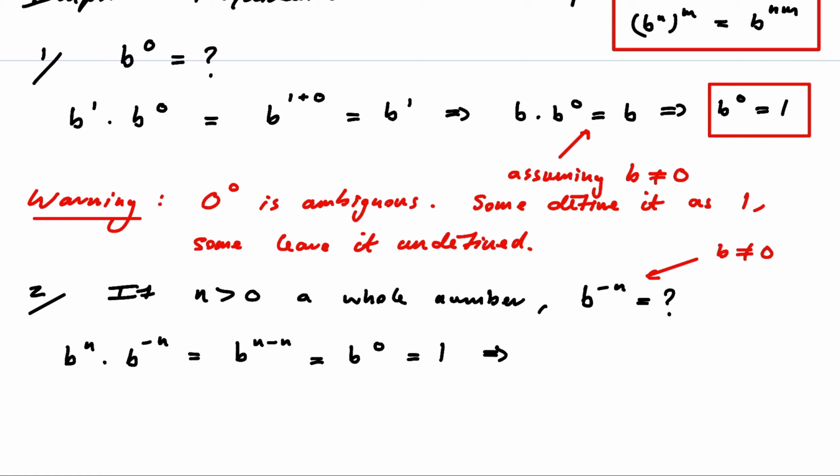So this implies b to the minus n should be equal to the inverse of b to the n. Very slick. So it's pretty simple. Right, it has to be equal to that. So I basically make that definition, right? That has to be what b to the minus n is equal to.